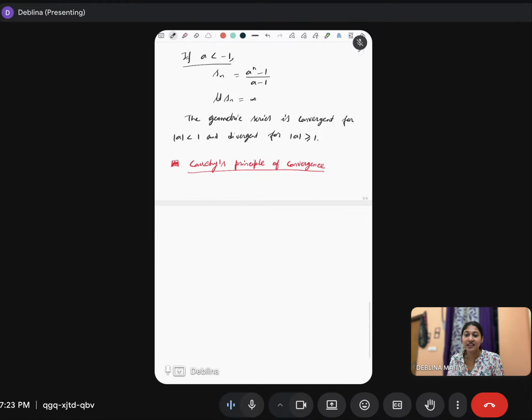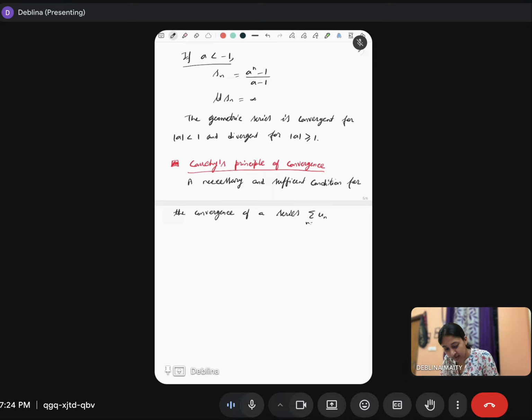It is a necessary and sufficient condition for the convergence of a series.